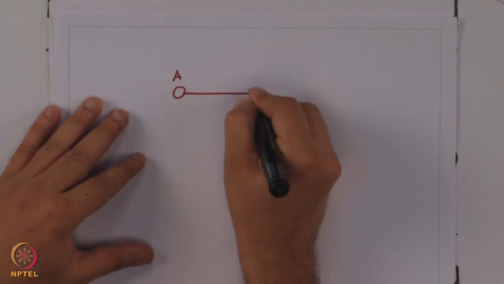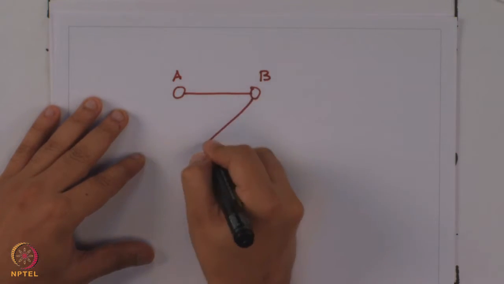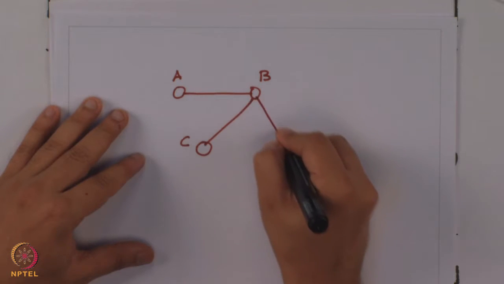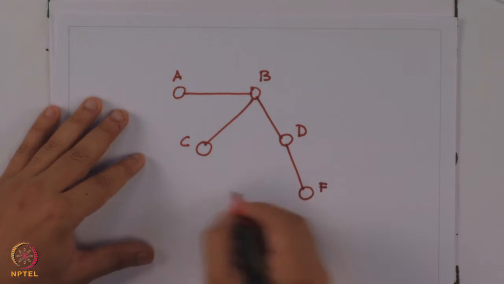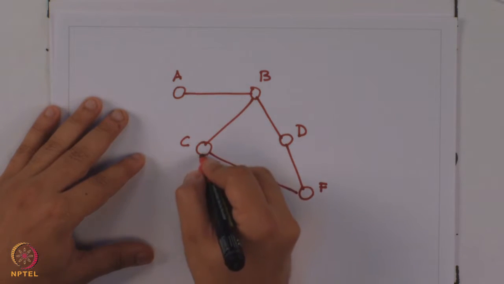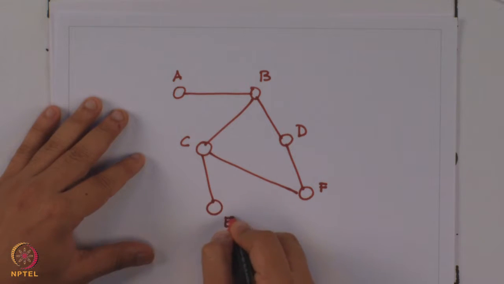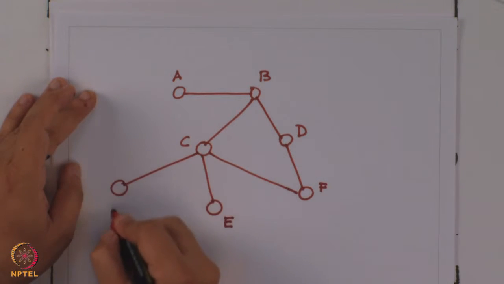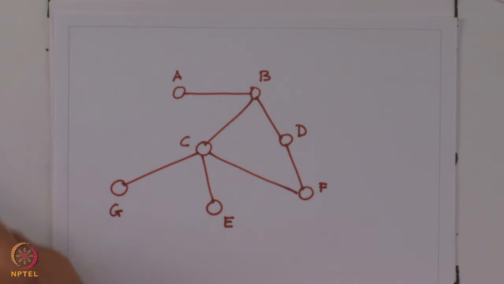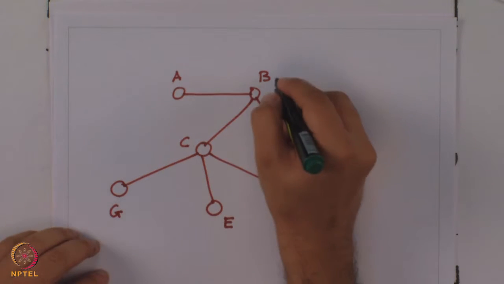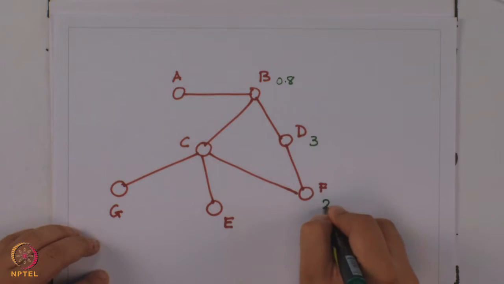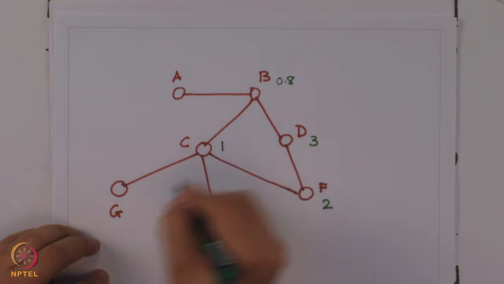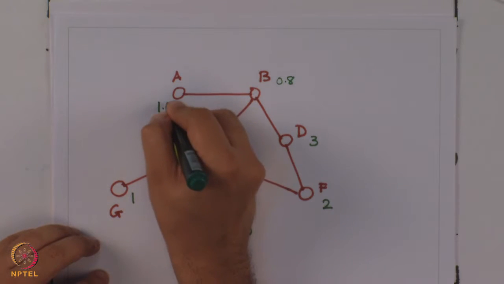So we have node A, B, C, and the corresponding fitness numbers are 0.8, 3, 2, 0, 1, 1 and 1.5.